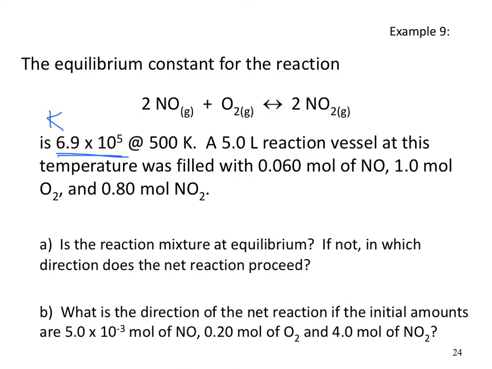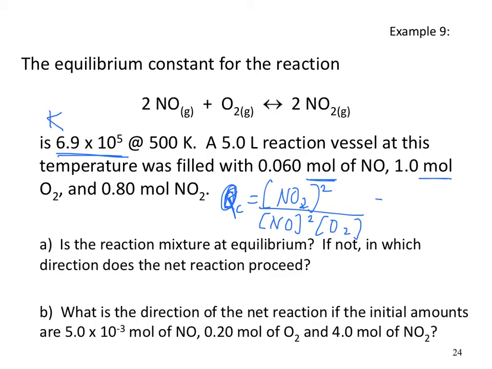So you can convert these moles into concentration and be able to use the law of mass action. And hopefully you can see what I'm talking about. Qc is going to be equal to NO2 squared divided by NO squared times O2.